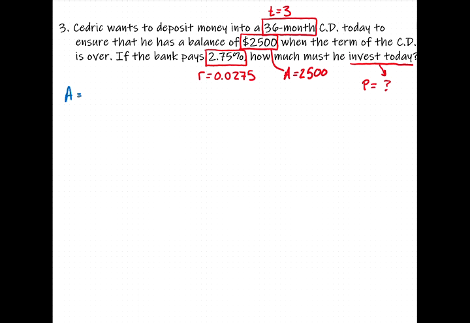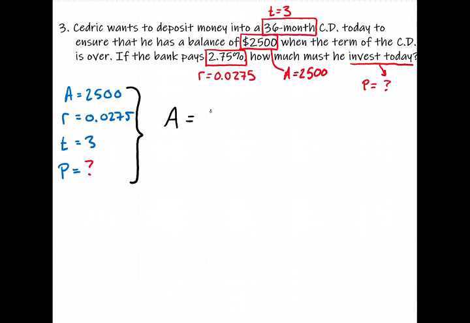Okay, so we have A, we have R, we have T, and we're looking for P. The only formula that has these 4 letters in it and no other letters is the future value for simple interest: A equals P times 1 plus R times T. So we can plug in our values.